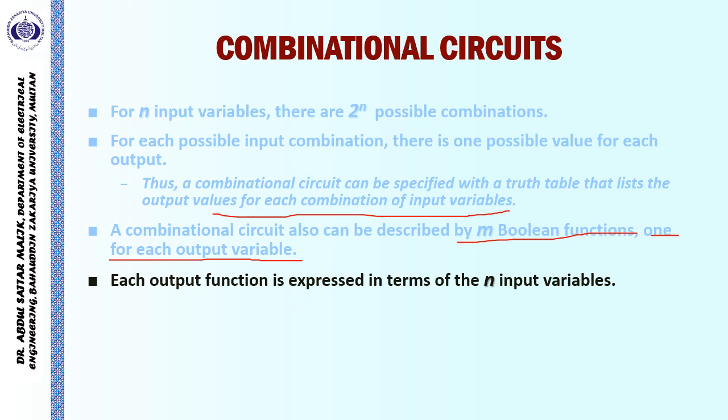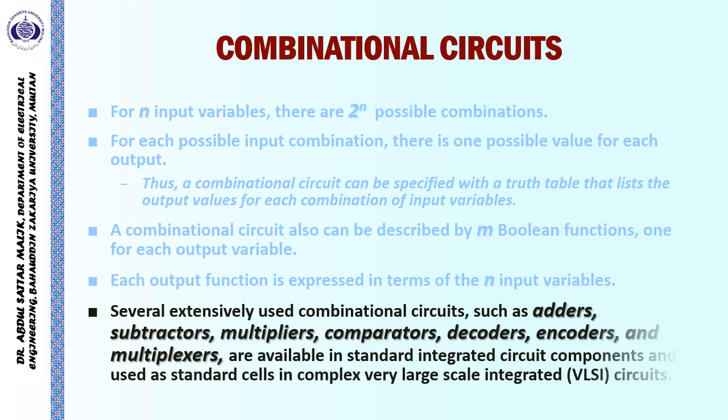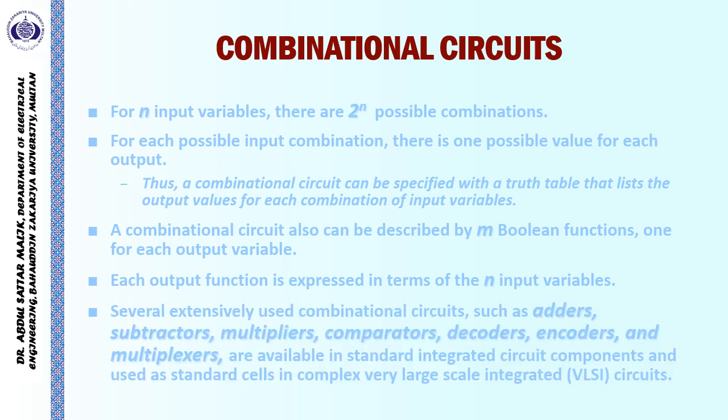Each output function is expressed in terms of n input variables. There are several extensively used combinational circuits such as adders, subtractors, multipliers, comparators, decoders, encoders, and multiplexers that we will be discussing in this series of lectures on combinational circuits.